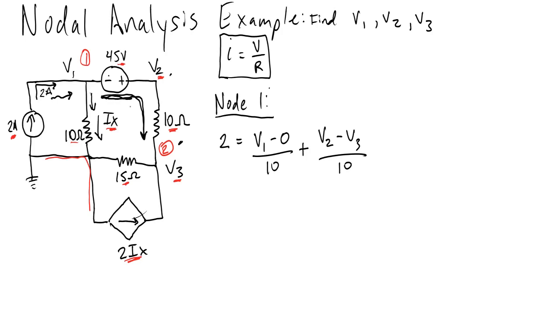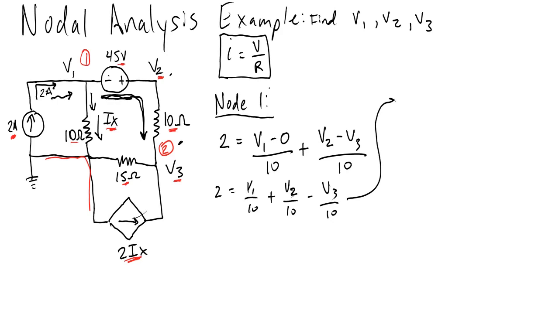So let's go ahead and work out some of this math and clean it up a bit. We got 2 equals V1 over 10. 0 minus 0 over 10 goes away, plus V2 over 10 minus V3 over 10.